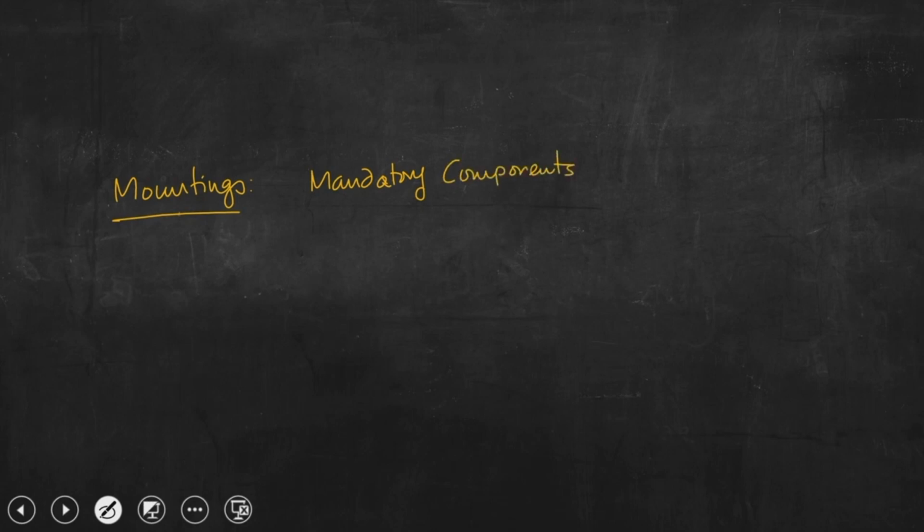Mountings: these are basically mandatory components for boiler operation.